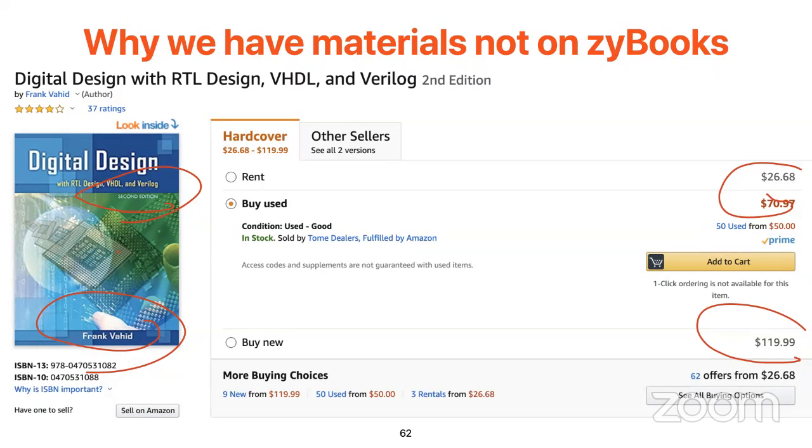So we do have some materials that other UCR sessions are not covering, but that are covered by some other schools. The reason is that when you graduate, you are competing with every computer scientist and electrical engineer all over the world. So if they know this, you have to know this. It's not about fairness within UC Riverside. It's about how we can better prepare you for your future.